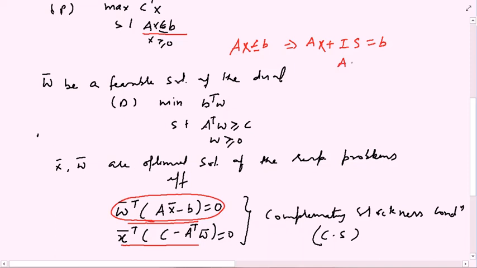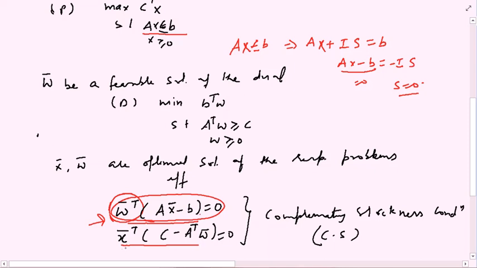So A x minus b is nothing but identity times the slack variables. If this product is 0, this simply means that the slack variables are 0. So at the optimal solution, if w bar is an optimal solution of the dual problem, it gives the information about which slack variables in the primal problem are 0.